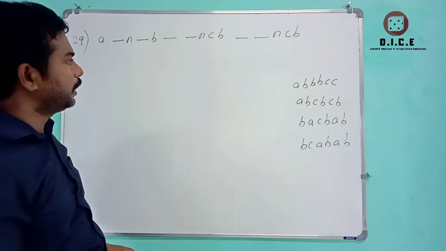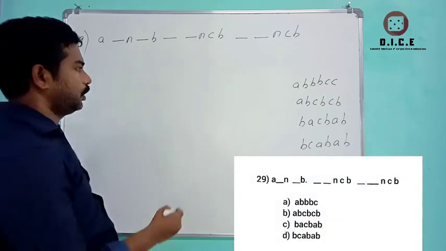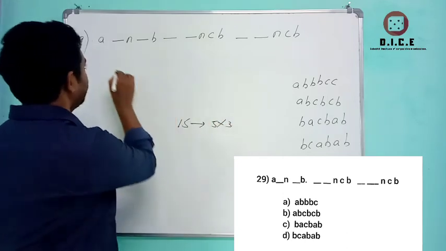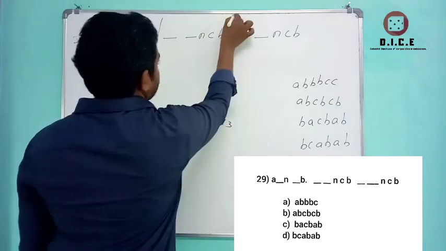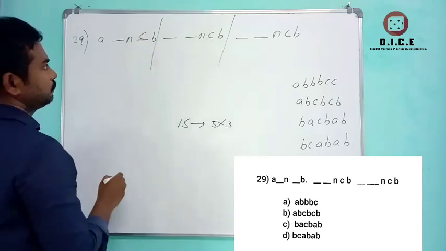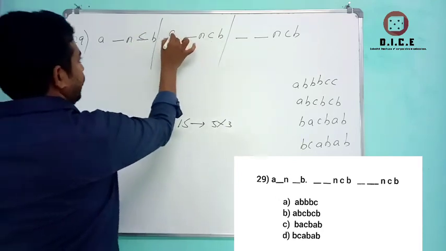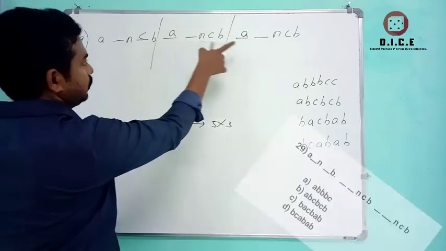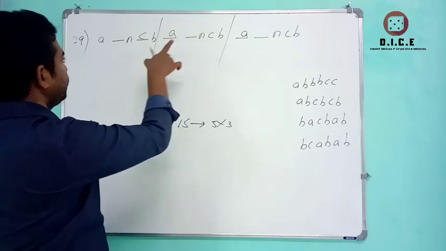See question number 29. Now, as I said, count including the spaces; we got 15. The factors are 5 3s. Now for every 5 characters you segregate. If you see the last pattern, NCP, NCP, now here also NCP. Now see the first character is A, but we don't know the second character to place, because every second character is an integer.